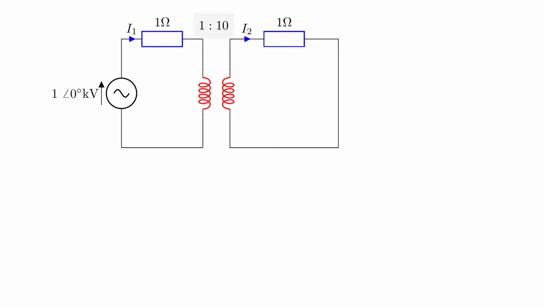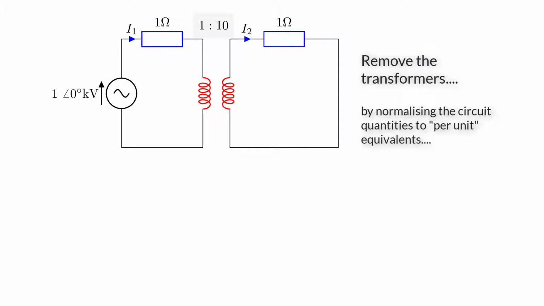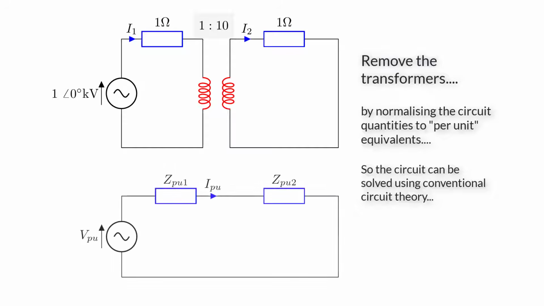The principal underlying mechanism by which per unit analysis works is by removing the transformers, by normalizing the circuit quantities, impedance, voltage, current, so the circuit can be solved using conventional circuit theory. Then, when we have our so-called per unit quantities, we can convert back to real quantities using the same conversion factors.